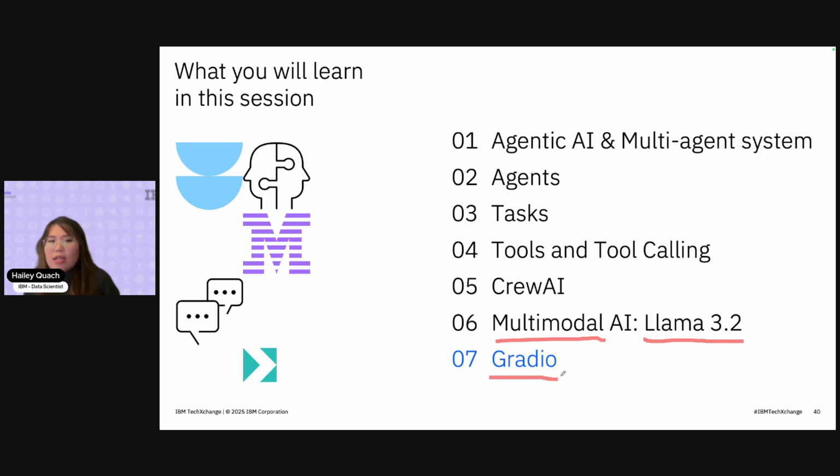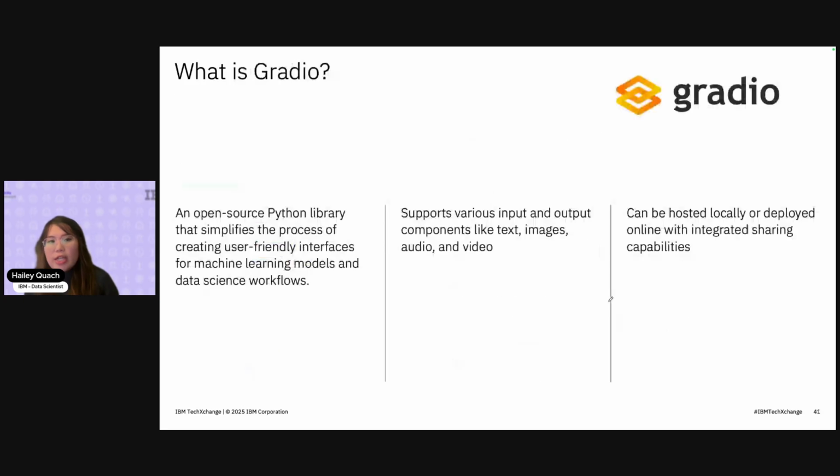And lastly, we're going to touch on Gradio. Maybe some of you might already know, Gradio is an open source library that simplifies creating user-friendly interfaces for machine learning applications. So with Gradio, you don't have to worry too much about the front end of your application.